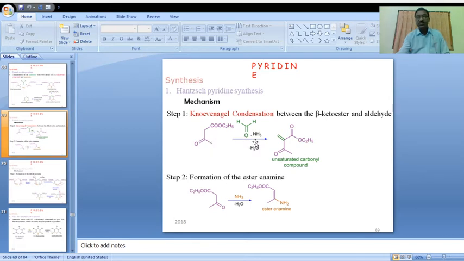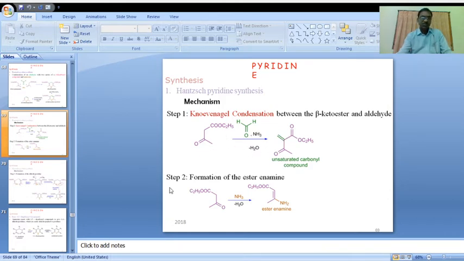In this reaction, we are getting an unsaturated carbonyl compound. There is a pi bond present on this carbon. Okay, this is the first step of the reaction.